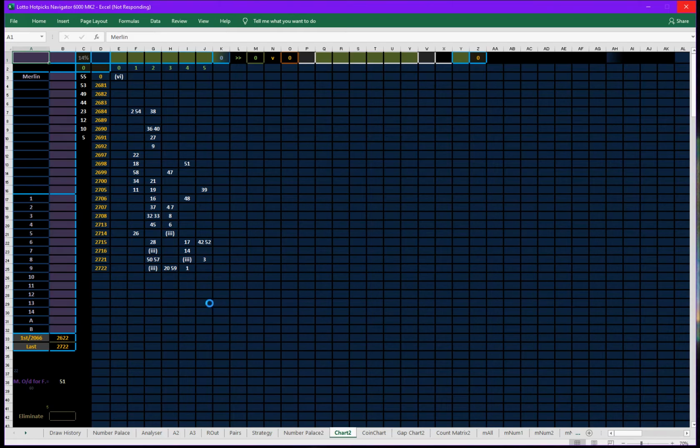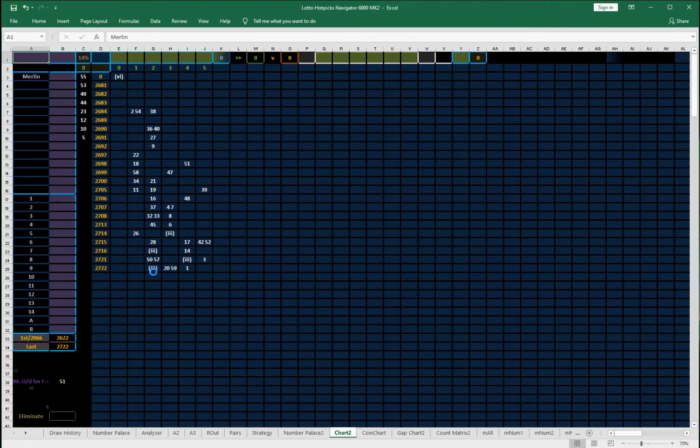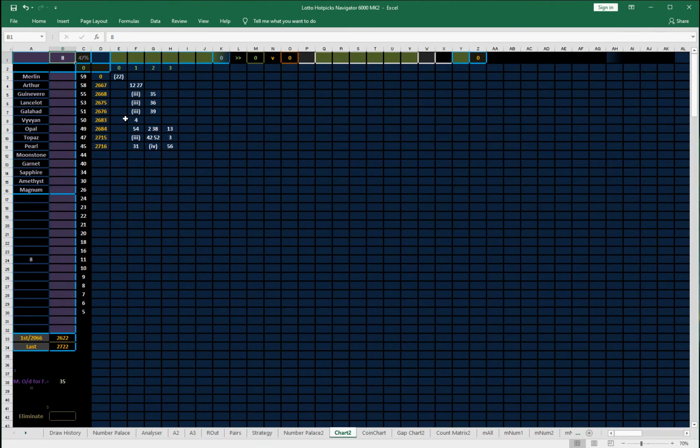So if any of the numbers you're looking for aren't on there, they're probably in one of these cells. When there's 3 numbers in the same cell, it doesn't specify what the numbers are, it just tells you how many numbers are there. And the idea is that if I wanted to see what numbers are in a particular cell or column, like for instance, this is telling me which numbers are in the 0 column, but I could also look at a specific cell.